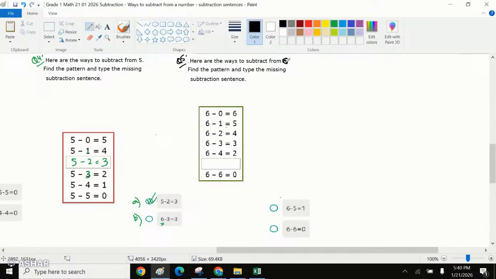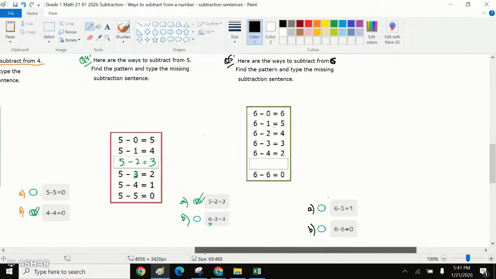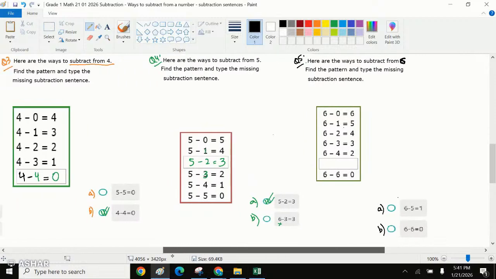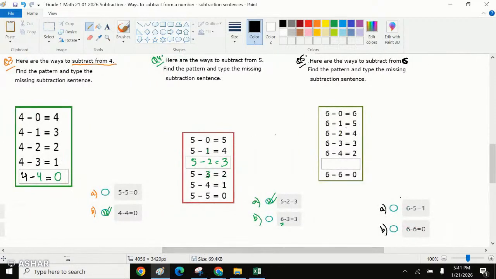And they're saying subtraction from 6. So which option should be correct? A or B? May, you wrote 5 minus 5. Oh, that was for the previous question. Question number 3. In question number 3, option B is the correct answer.